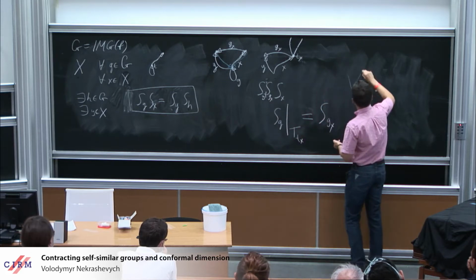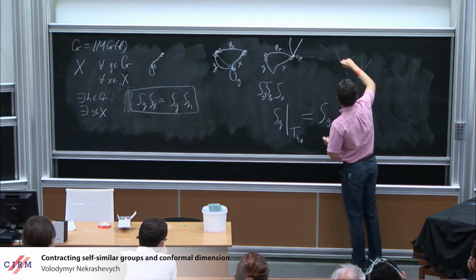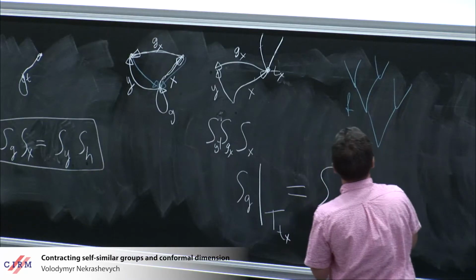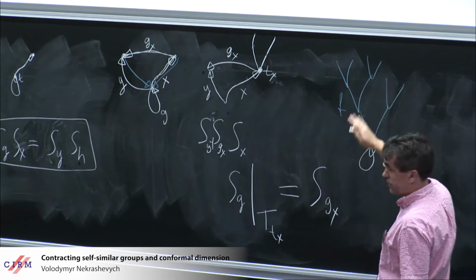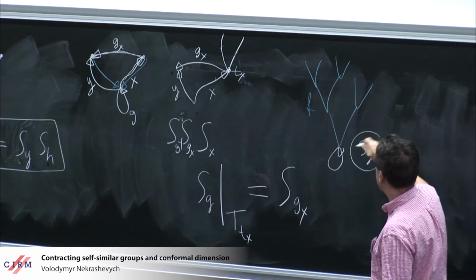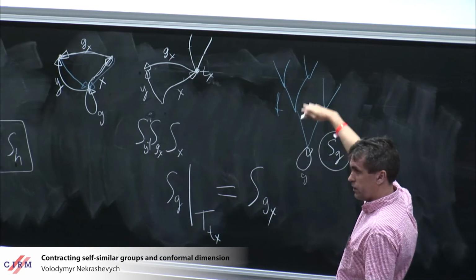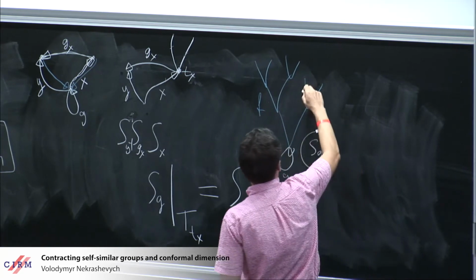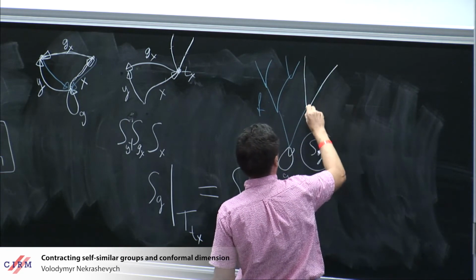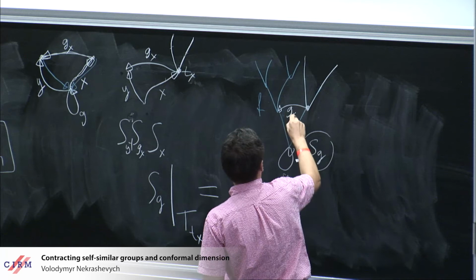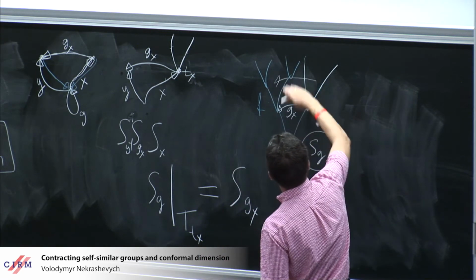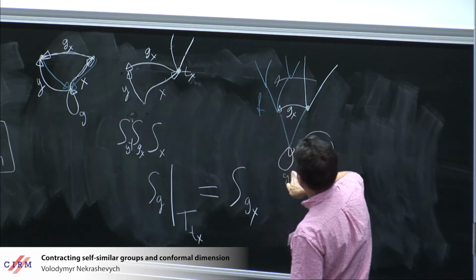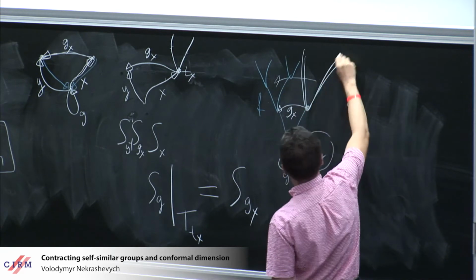So you have your binary tree describing the action of F, and Sg is the automorphism of this tree defined by lifting the path G. But now if you restrict it to this subtree, this map is defined by lifting this preimage of G to this subtree.